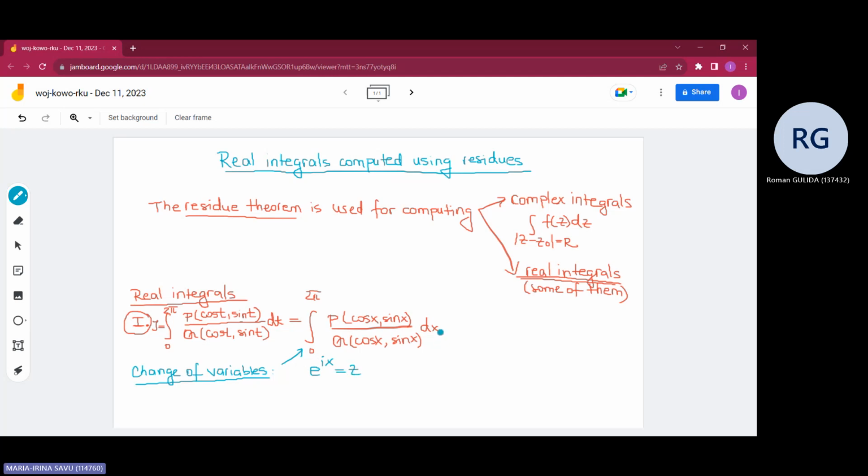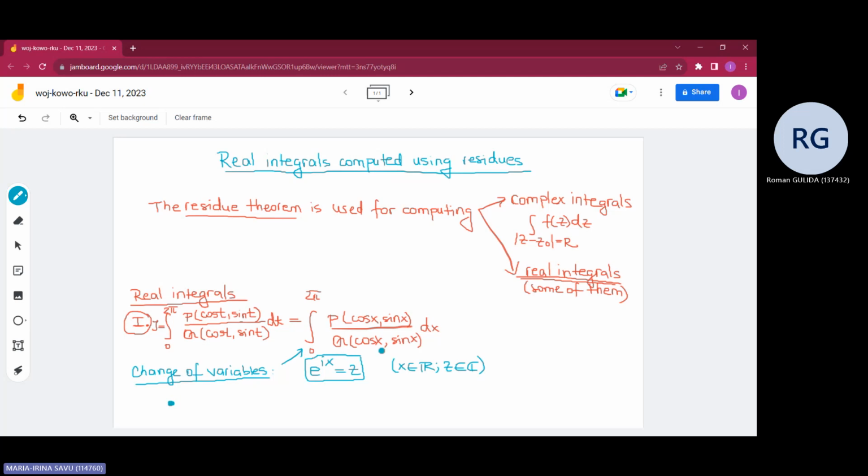Here x is something real, because x is between 0 and 2 pi, and z is something complex. So x is real, but z is complex, and from a real integral you'll get a complex integral. Let's take a look at this change of variables.